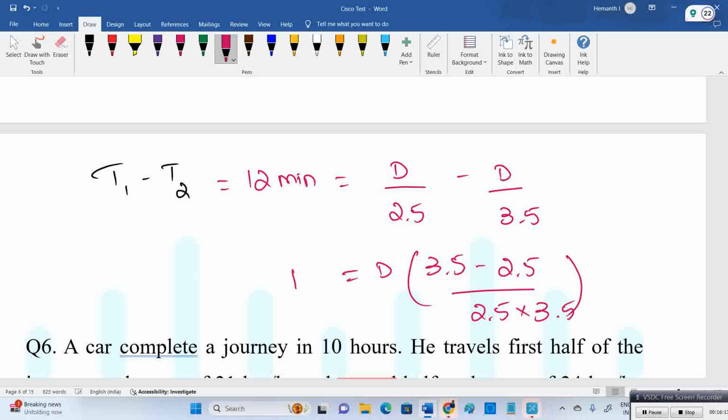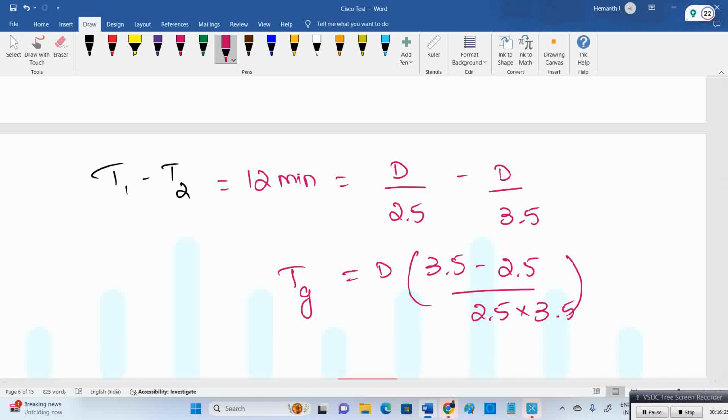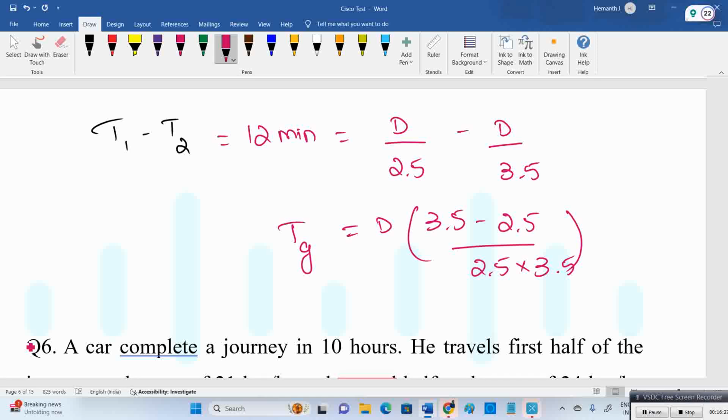Here time gain, 12 minutes. Now if you want D, time gain into product of speeds divided by difference between speeds. You are getting distance here. This is to calculate the distance.